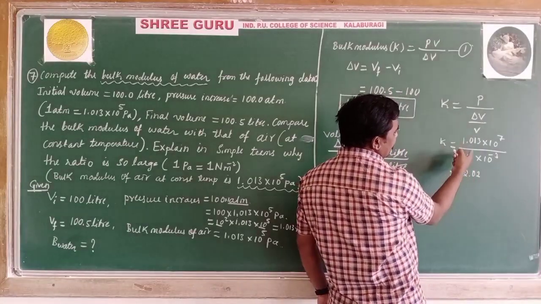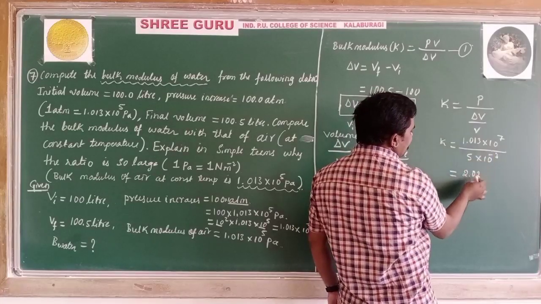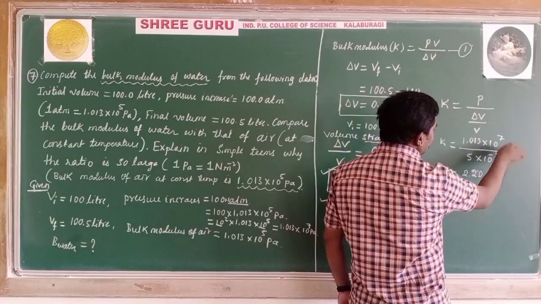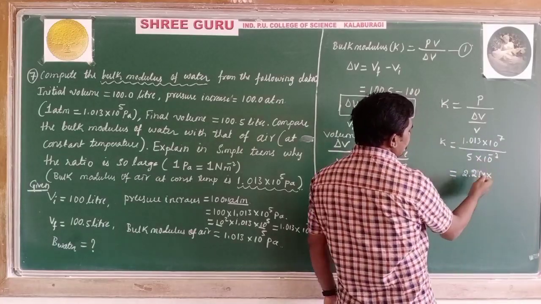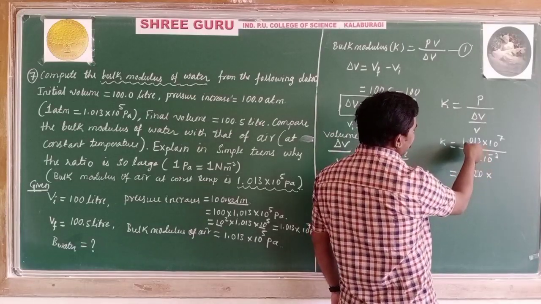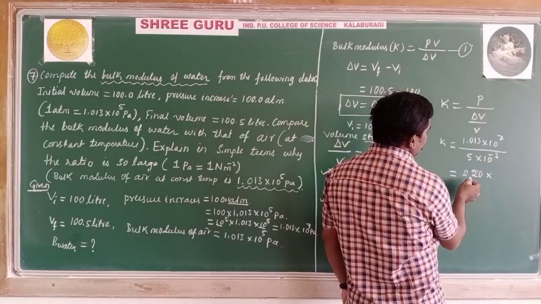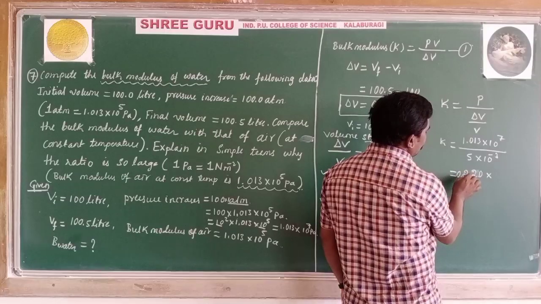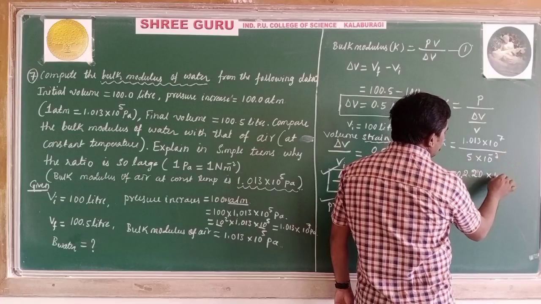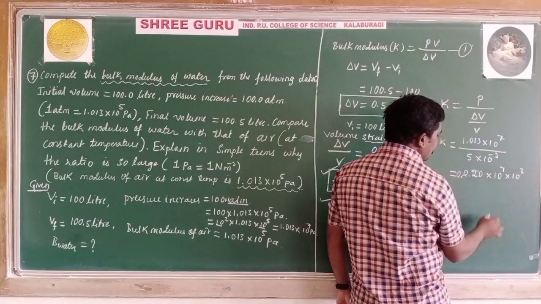Almost double, 5 ones are 5, 5 twos are 10. This is 2.20 something into 10 to the power of, the decimal point is going to shift, 0.220 into 10 to the power of 7, and this minus comes to the numerator, so plus.